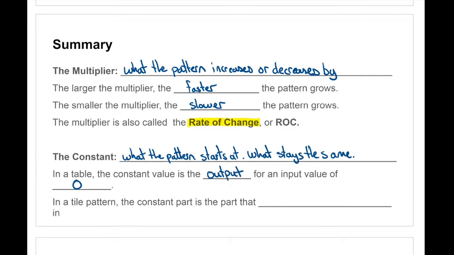So if we go back to our table and look at the input value of 0, or you could argue position 0, that is what the constant is. The output at an input of 0 or at position 0, that is our constant. In a tile pattern, the constant part is the part that stays the same in the pattern.